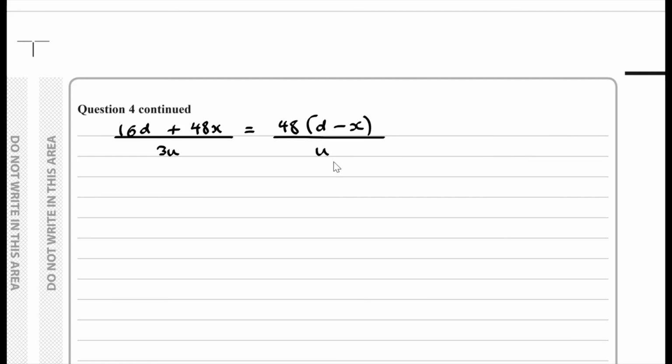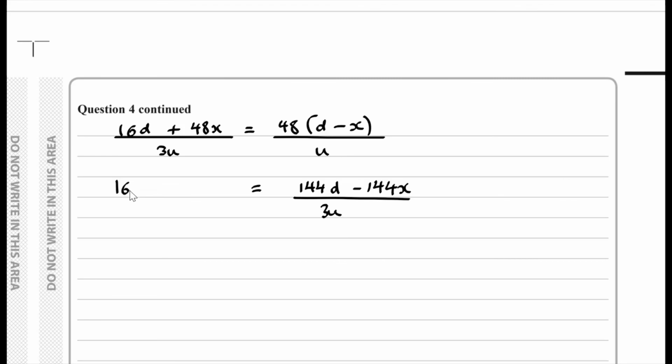And if we multiply through, if on the right hand side we change this to a 3u on the denominator, then on the top we'd have 144d minus 144x. You should recognize that these two are equal.